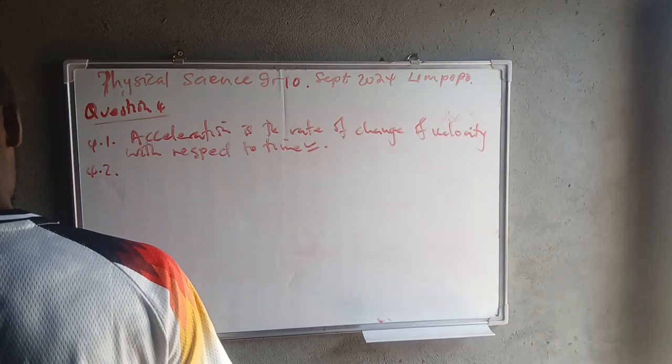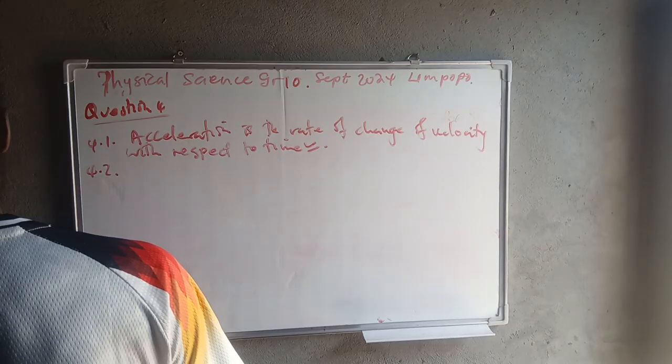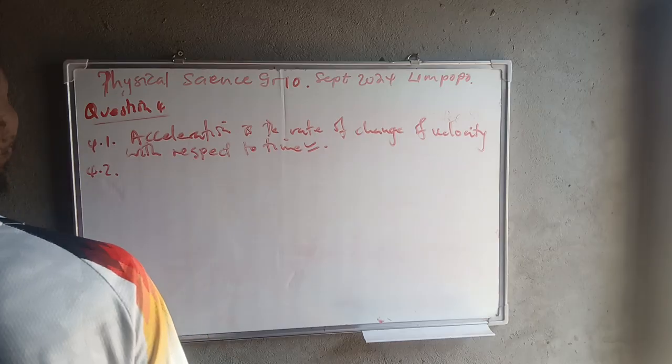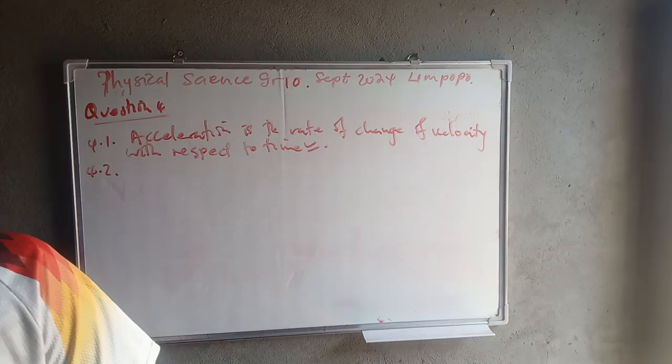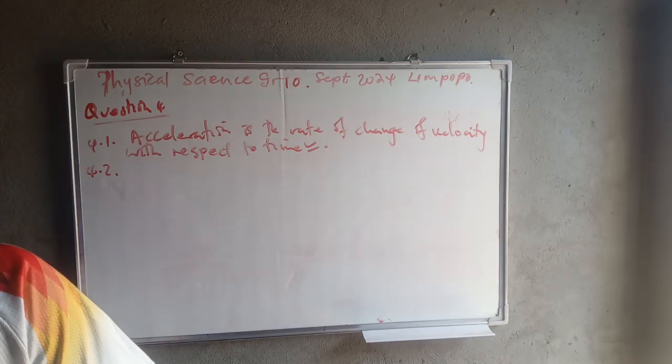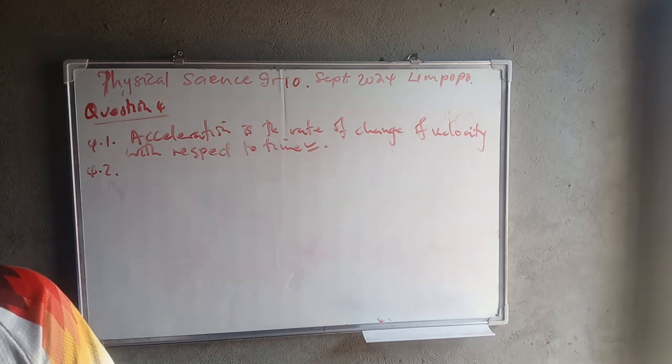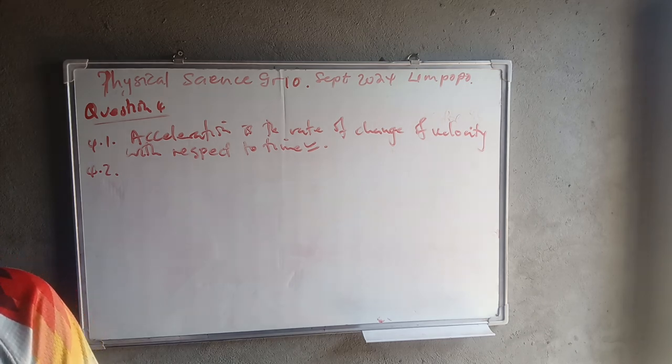Then 4.2, we are asked to use the graph to describe the motion of the car in the following sections.